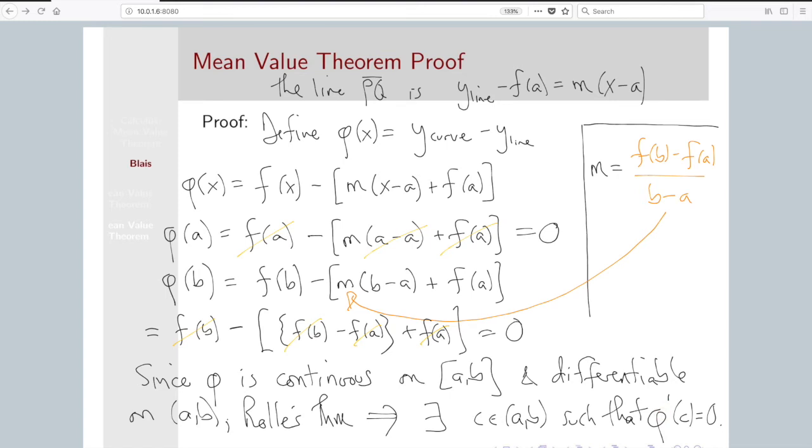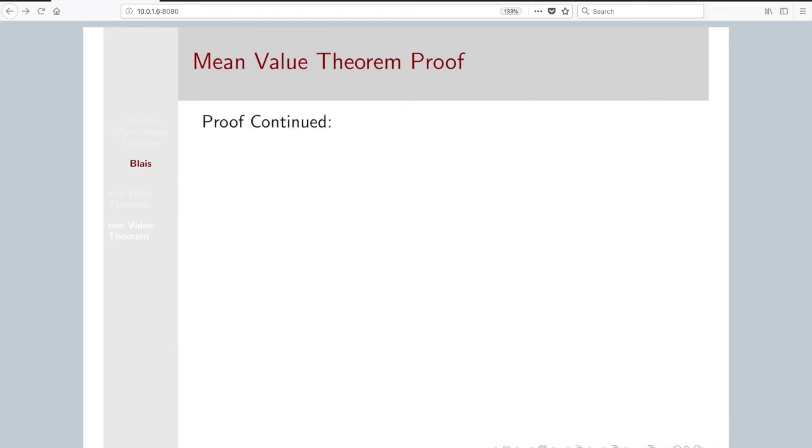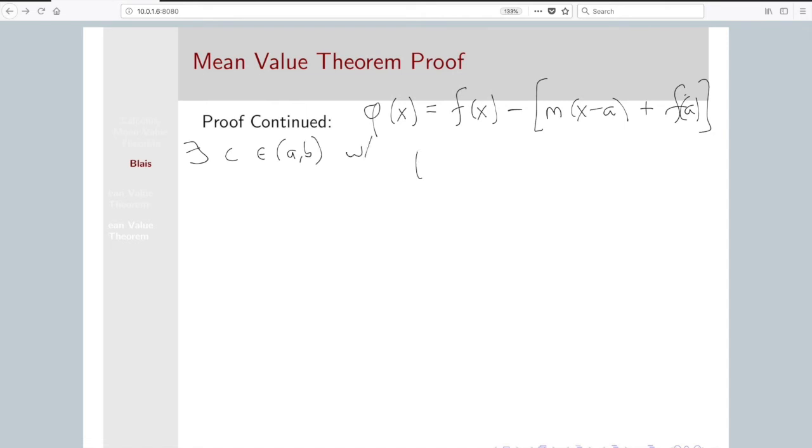So, remember here that phi of x was equal to f of x minus m times quantity x minus a plus f of a. We're just rewriting that from the previous page. And we were just told that we have a c in ab with phi prime of c equals 0.